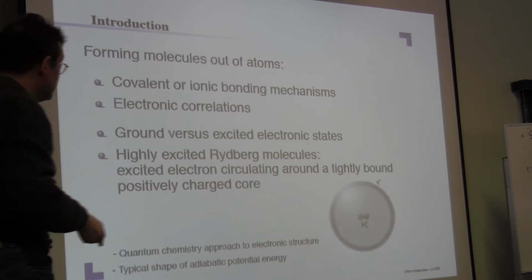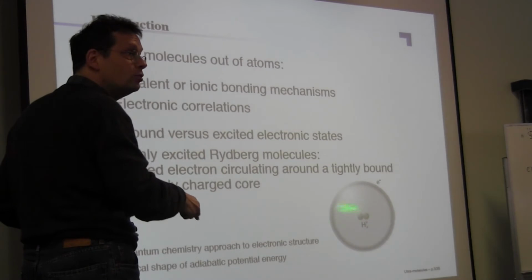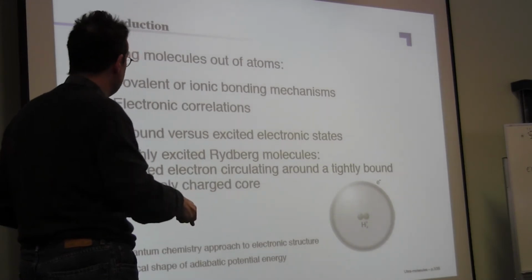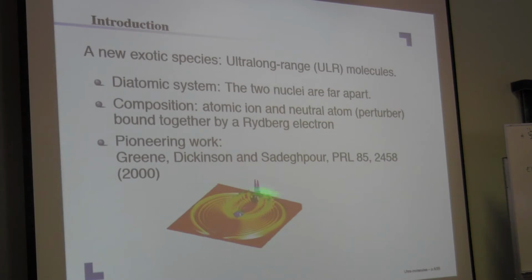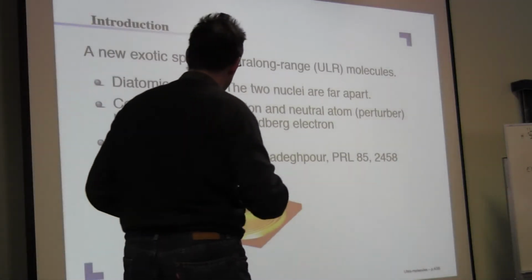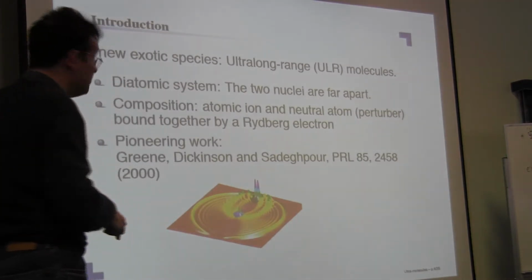Here, in this case, you have these tightly bound two atoms, and then the electron outside. In this case, which is sketched here, you have an extended electronic atomic wave function, and then you bring a perturber into that system. And as you shall see, this is a setup which yields under certain conditions bound states.